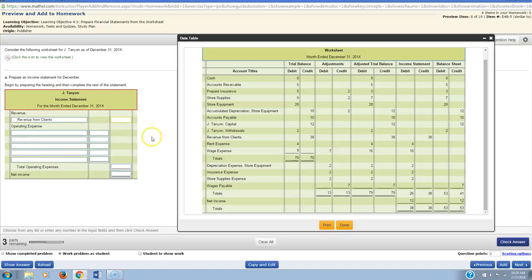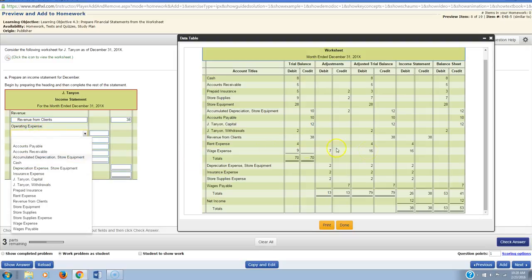Okay, and I'd enter the $38 number right there, and then I'd come down to the operating expenses, and I have wages, depreciation, insurance, store supplies. So it looks like I have 1, 2, 3, 4, 5.